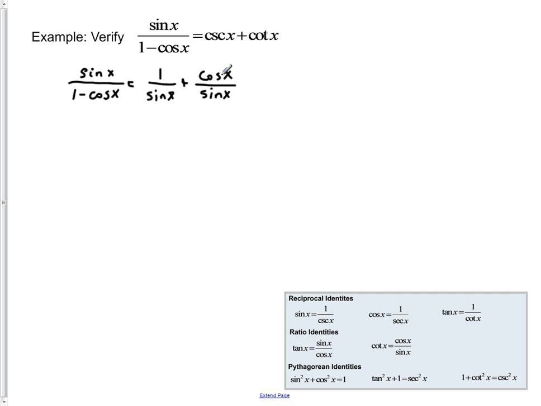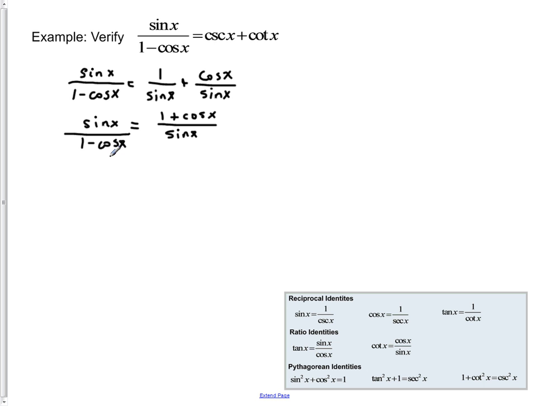If this were the case, of course, I can add by algebraic manipulation these two expressions on the right-hand side. So I'm going to make it 1 plus cosine of x, divided by sine of x. And on the left-hand side, we still have sine of x over 1 minus cosine of x.